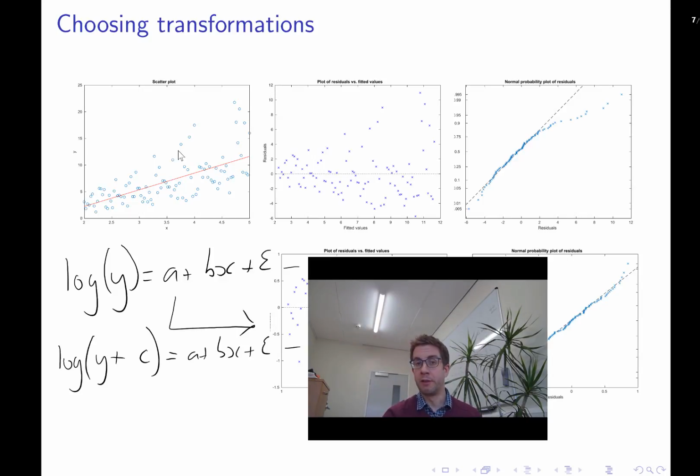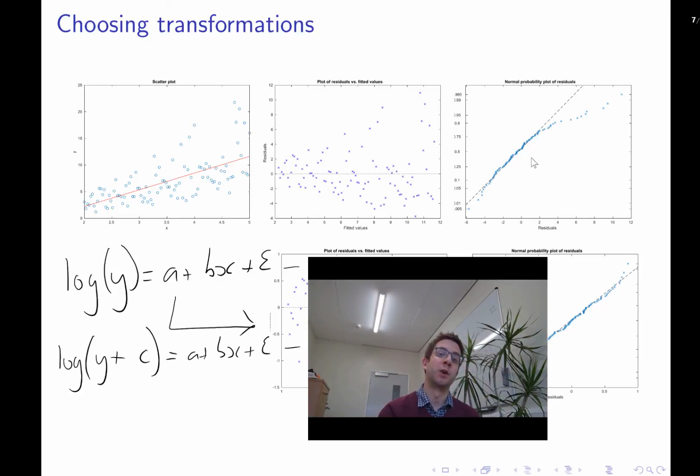For multiple linear regression problems, where you have several covariates, typically we want to use these residual plots, or the QQ plots, because they work with the residuals and the fitted values, which are again one-dimensional quantities. So they work in multiple linear regression cases.